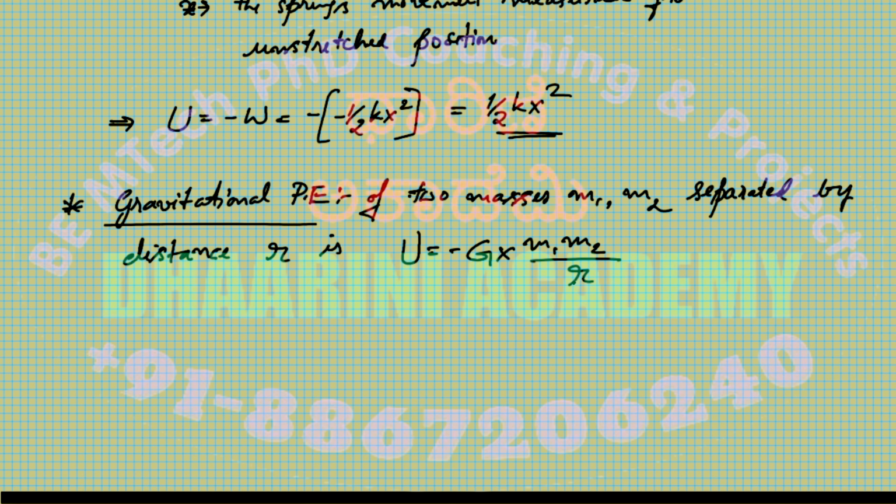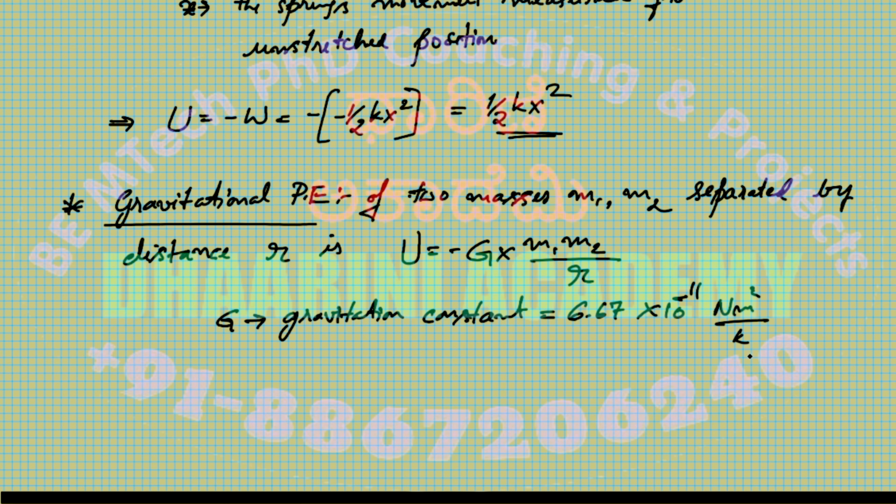So m1, m2 and r we know, and here G is called the gravitational constant, and its value is fixed, always 6.67 times 10 to the power minus 11 newton meter squared per kilogram squared. So this is the direct calculation of the gravitational potential energy between two objects.